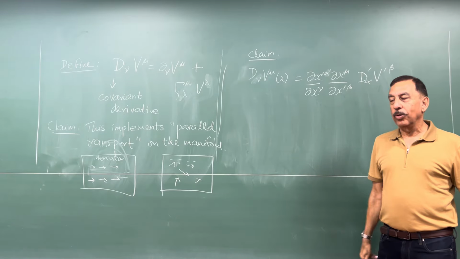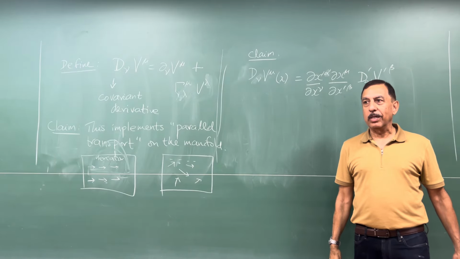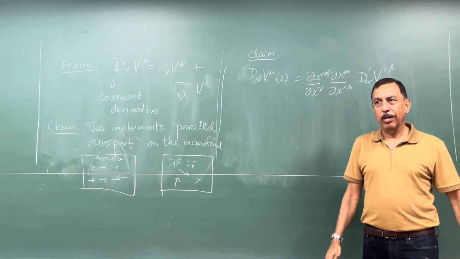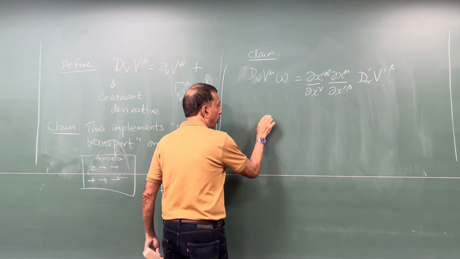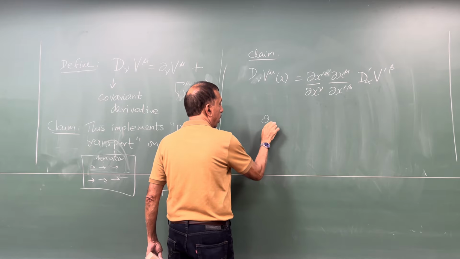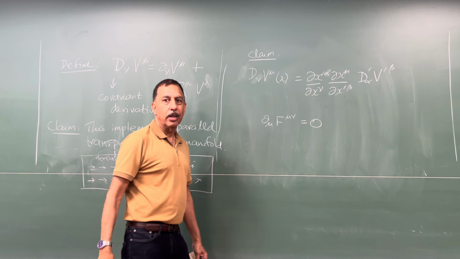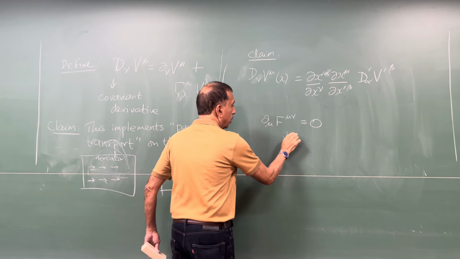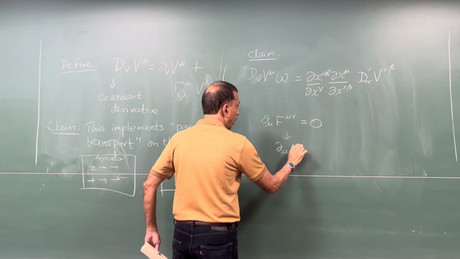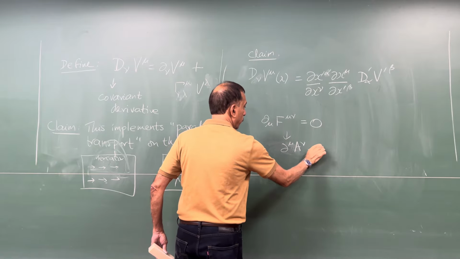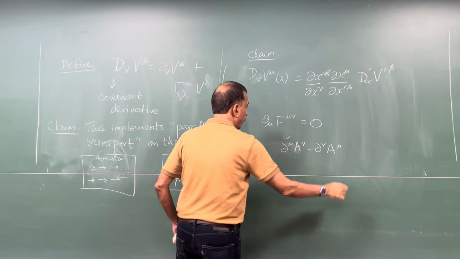And just for those of you who know Maxwell, how many of you have encountered Maxwell's equations in relativistic form? Yeah, so many of you have seen it. And you probably know that the equation looks like del_mu F^(mu nu) equals 0, where F is built from del_mu A_nu.